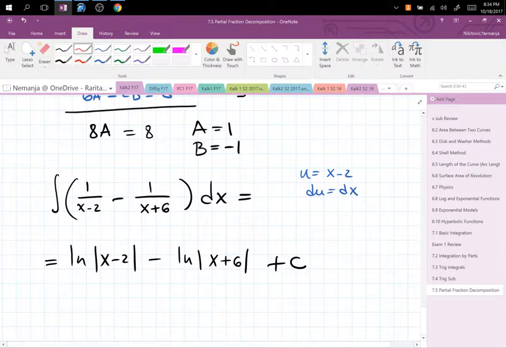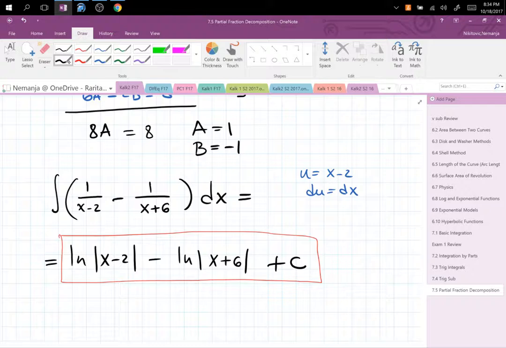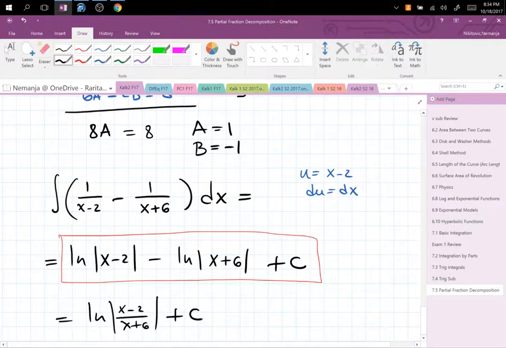That's the end of the problem. Those of you who are fancy, ln minus ln is the division of arguments. That's another version, more compact.